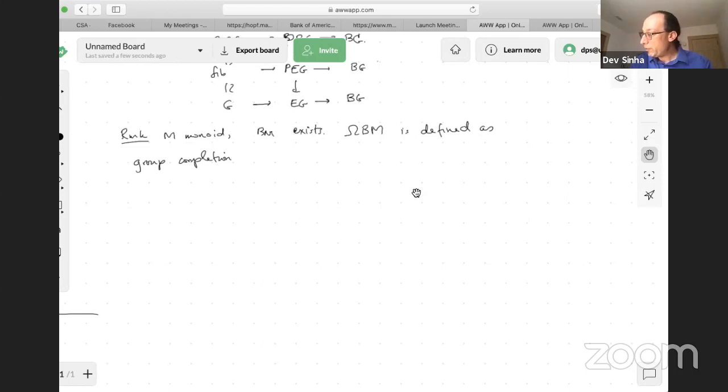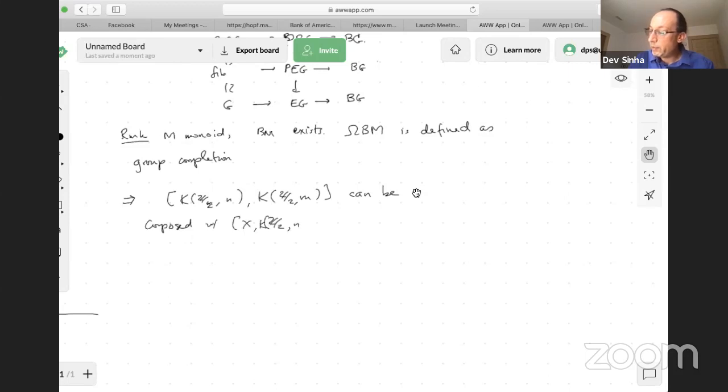They represent cohomology, and what this means then is, if I've got a map from K(Z/2, n) to K(Z/2, m), that of course can be composed with x into K(Z/2, n) to give cohomology operations.